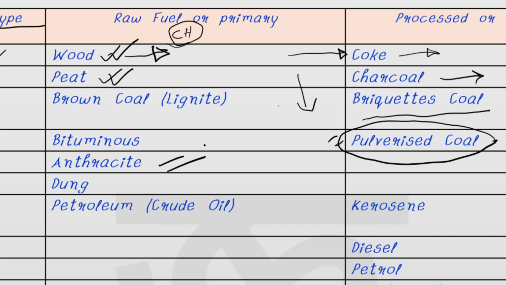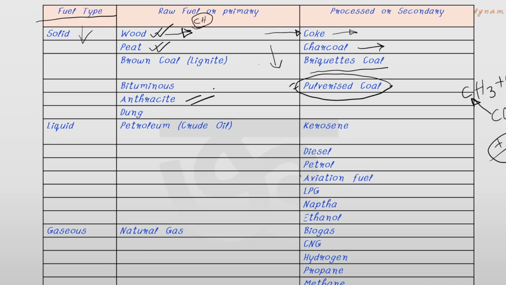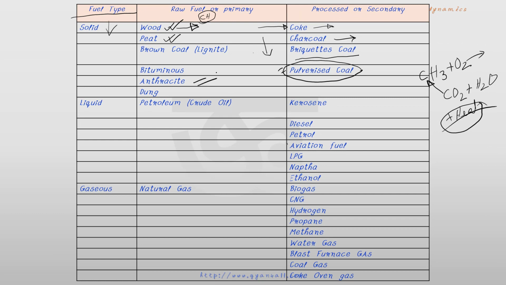In Assam, it is not very good from an industrial point of view because Assam coal has a high content of sulfur. Whatever coal is available in Assam has a high sulfur content. If we burn that coal, it will produce sulfur dioxide, and that will go into the environment. Sulfur dioxide is a pollutant.